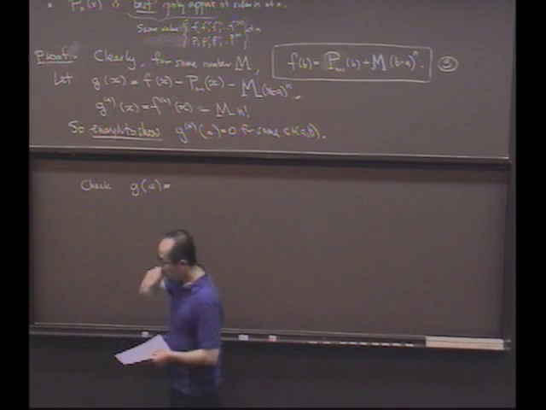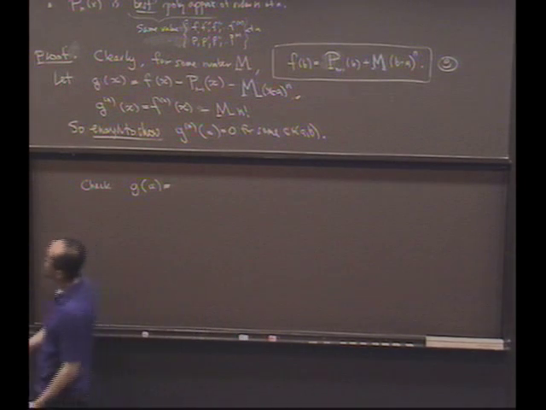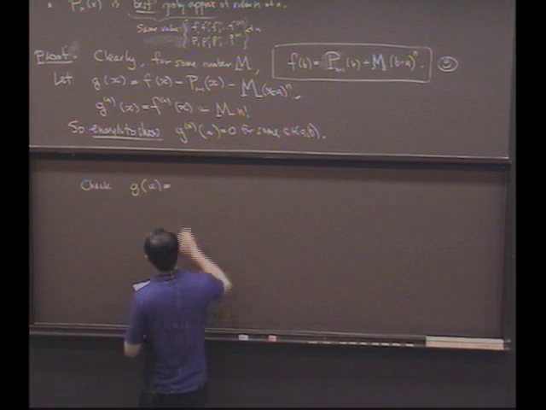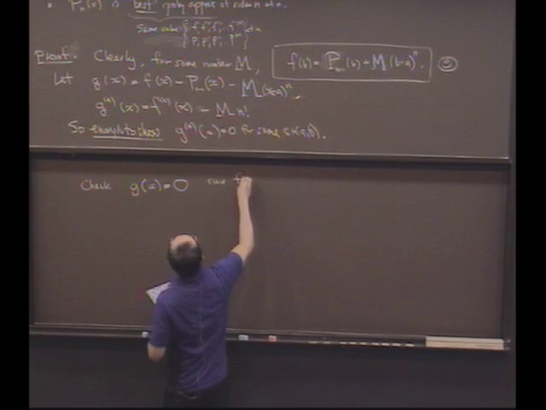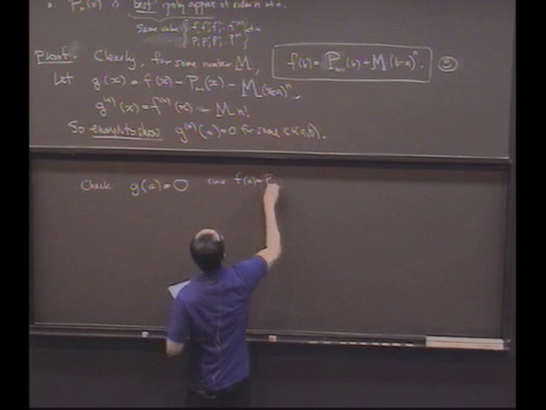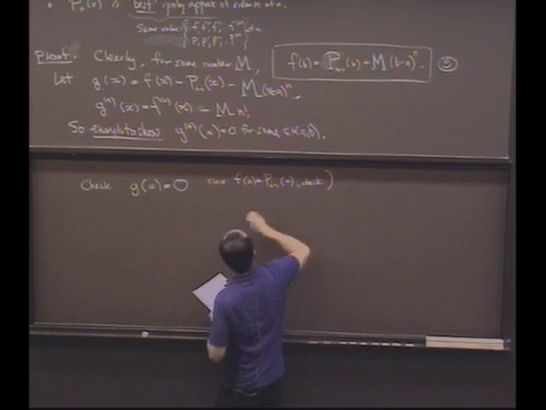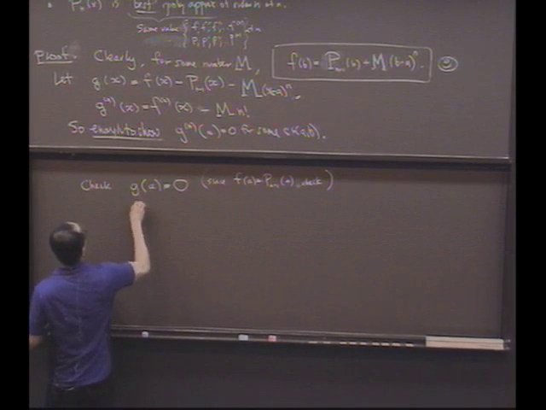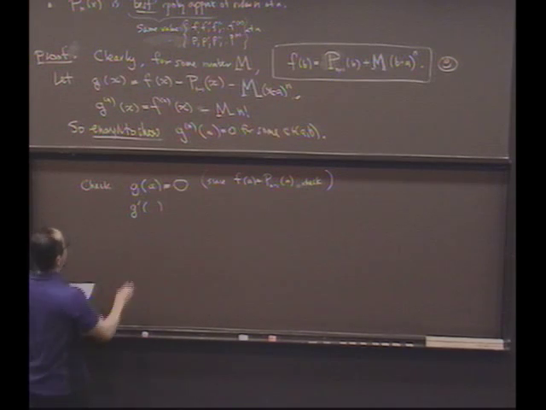Why is it 0? They have the same value, right, at a. If I plug in a here, these things vanish. So g of a, in fact, is going to be 0, since f at a equals p sub n minus 1 at a. You can check that. Right? Okay.